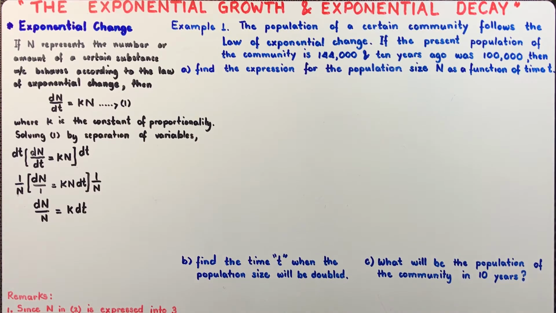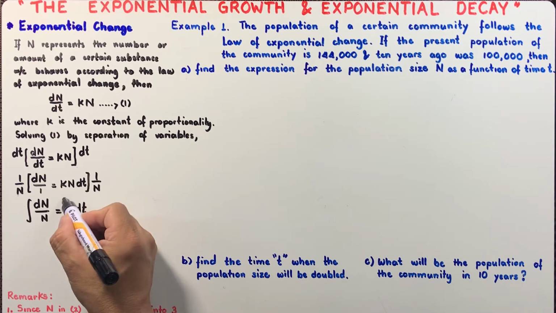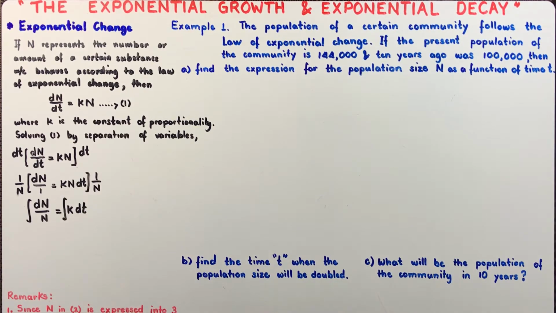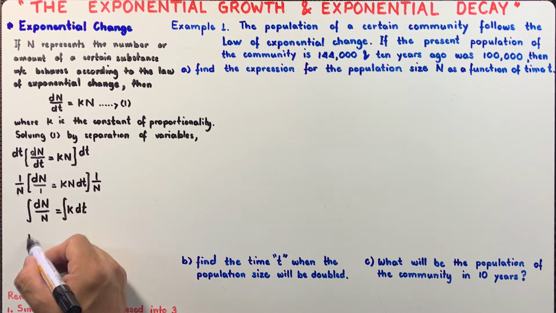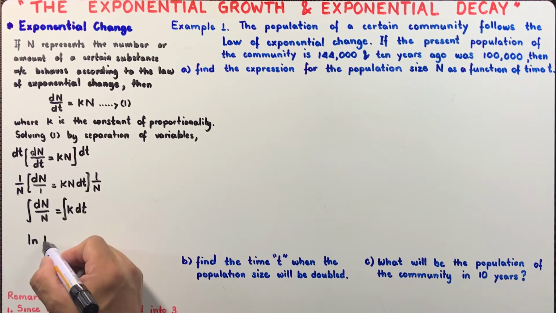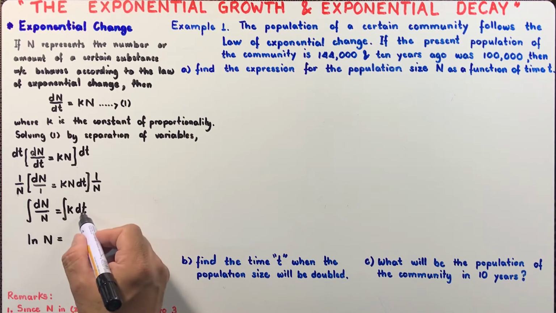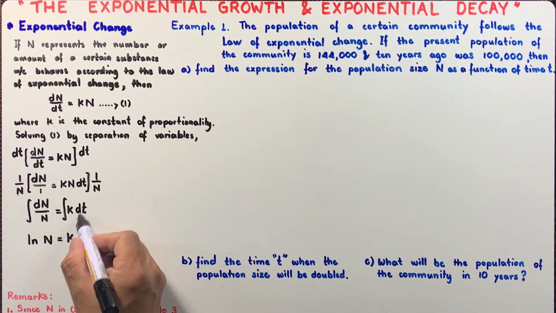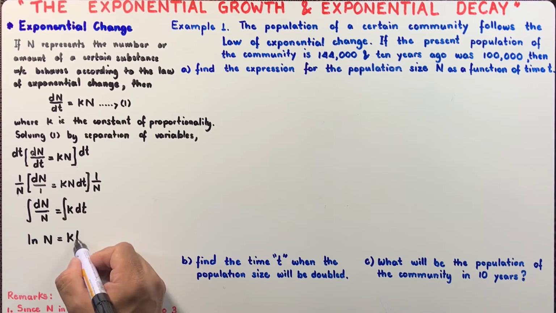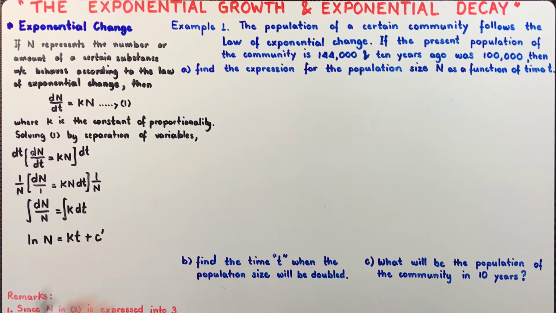And since we have separated the variables, we can take the integral of both sides. We know that the integral of dN over N is the natural log of N. Then we can also take the integral of k dt, where k is a constant, so the integral of dt is t plus some constant, say c prime.